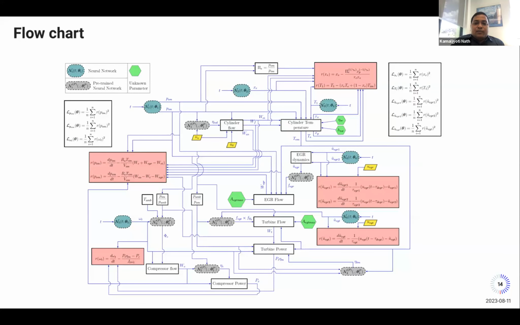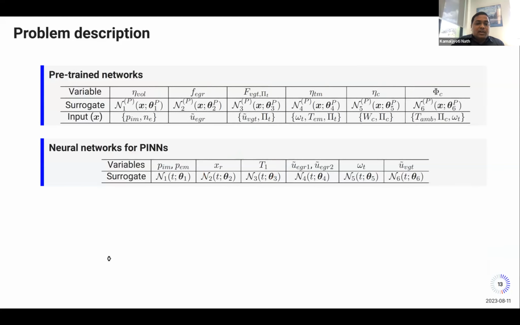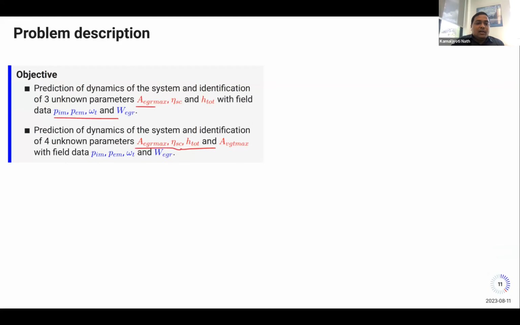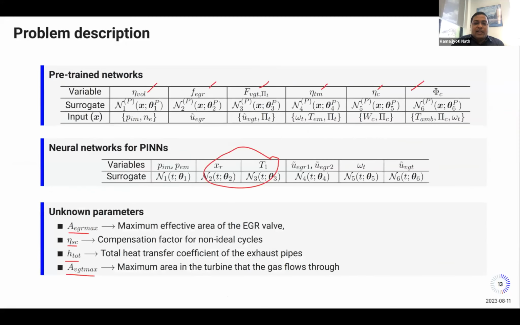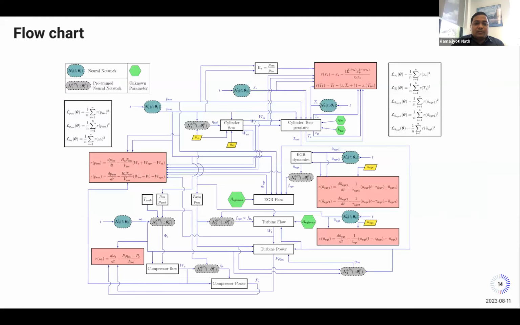Okay, so this is the flow chart of the problem. We have 6 networks. This is actually similar to what we have shown in this one. It is just for our present problem, combining all these networks. So we have 6 neural networks which are here.